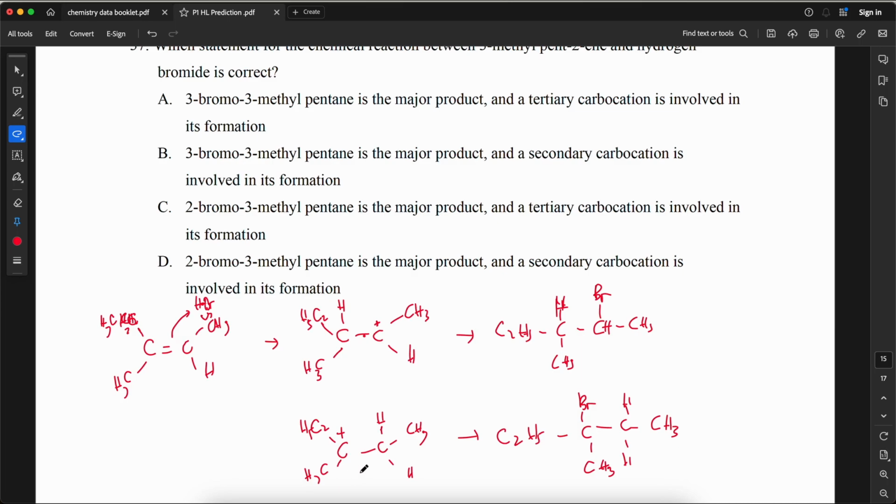It is more stable, so it will produce the major product. Okay, so the answer will be 3-bromo-3-methylpentane. So the answer is A, because it is a tertiary carbocation, and a tertiary carbocation is more stable compared to the secondary carbocation.